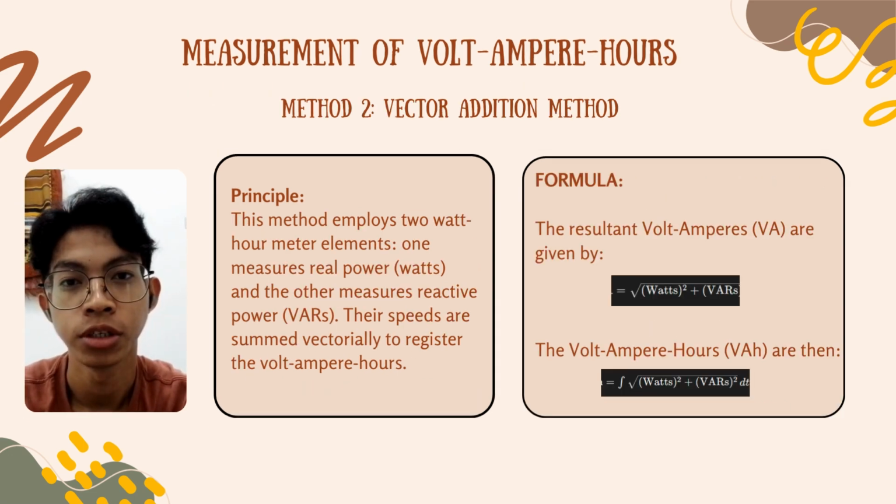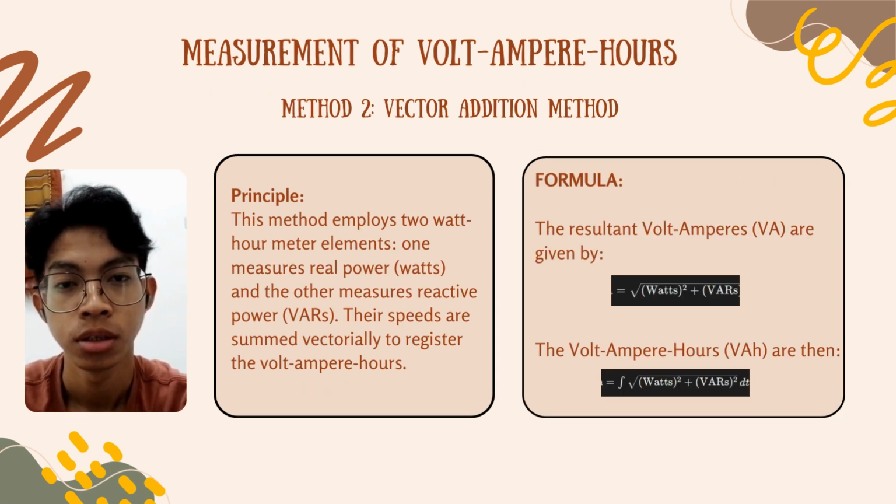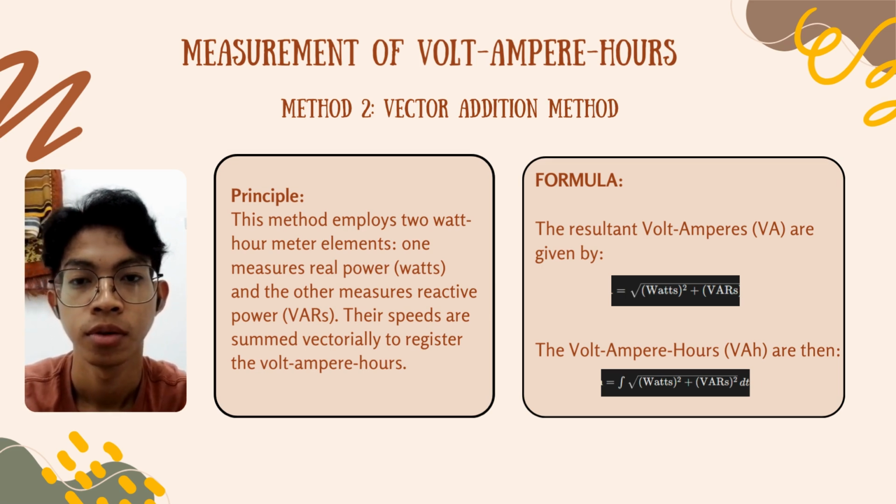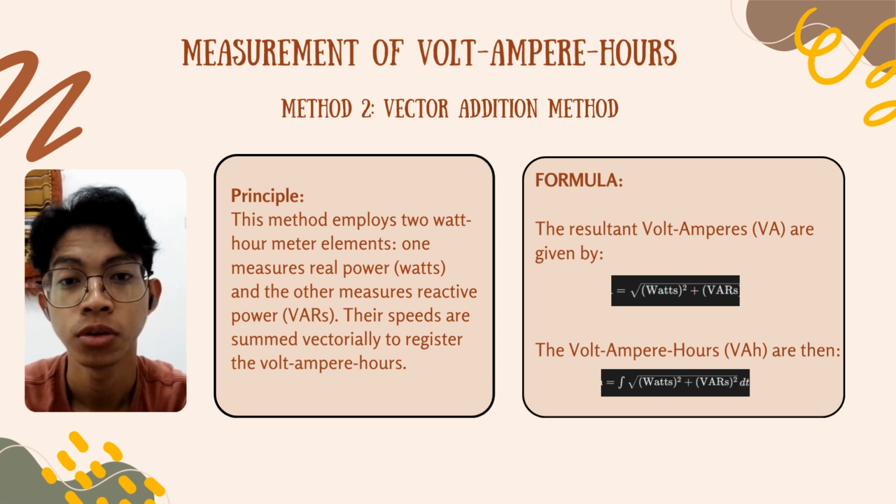The second method of measuring volt-ampere hour is the vector addition method. The principle of this method is that it employs two watt-hour meter elements, one measuring real power and the other measuring reactive power.